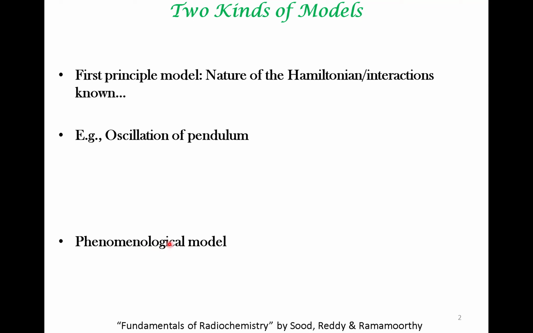a phenomenological model. It is based on trends and phenomena, and you use a part of experimental data to predict something else. In my opinion, one of the best phenomenological models is the model of the periodic table.